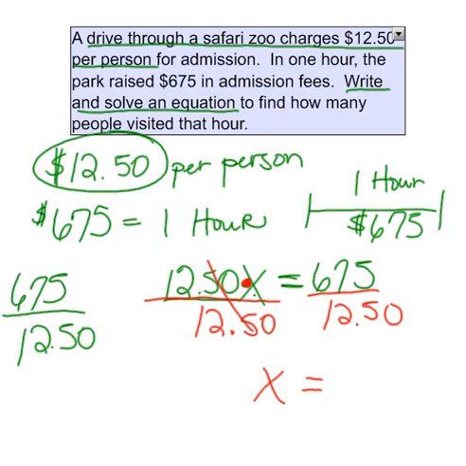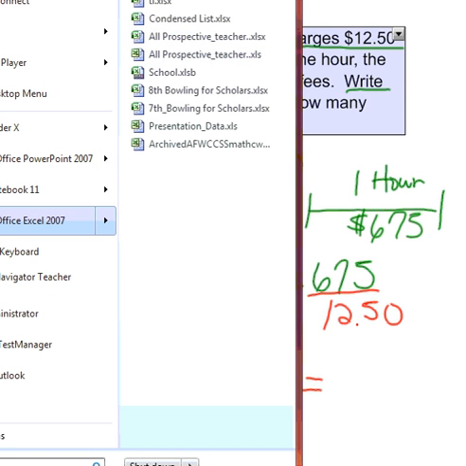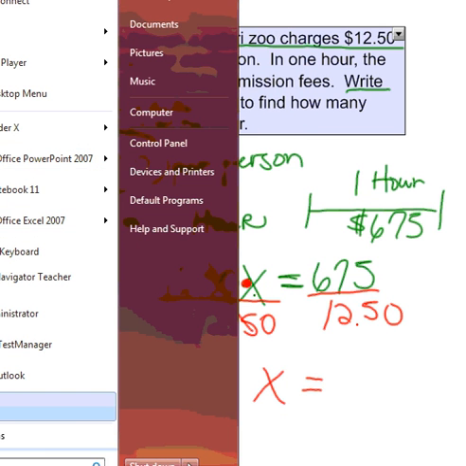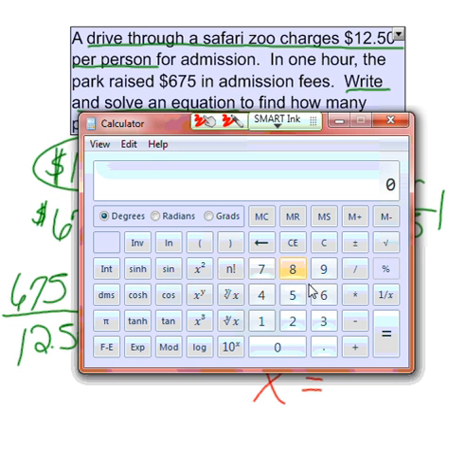Okay, so I will go to my handy dandy calculator and figure that out. $675 divided by $12.50.